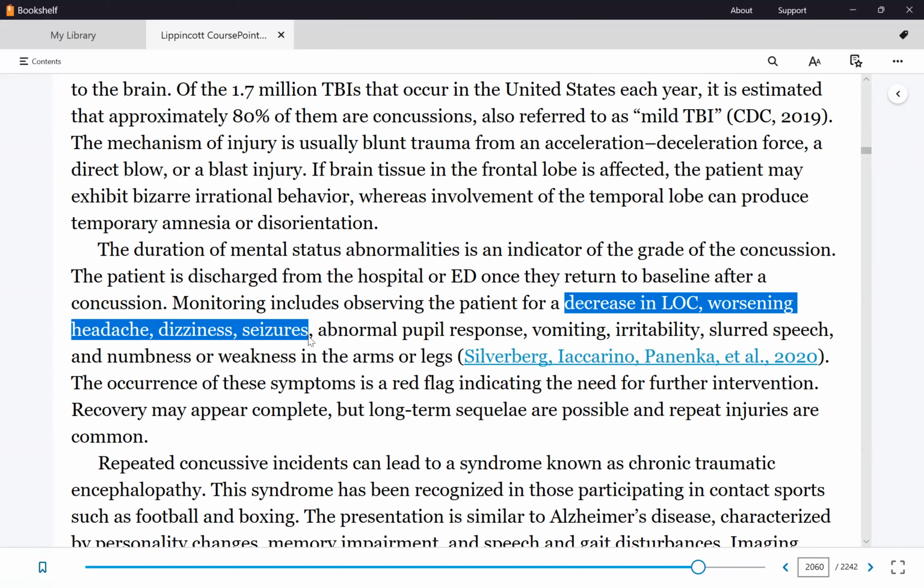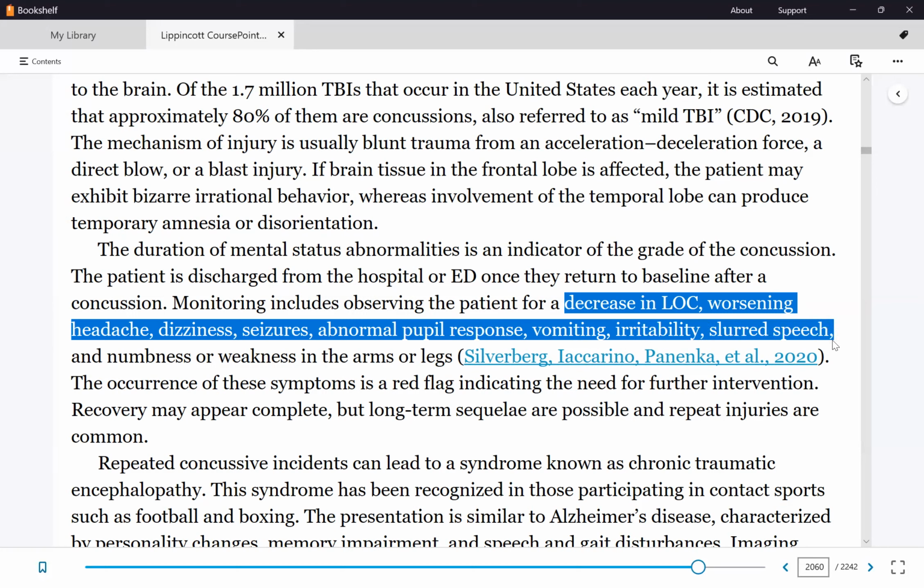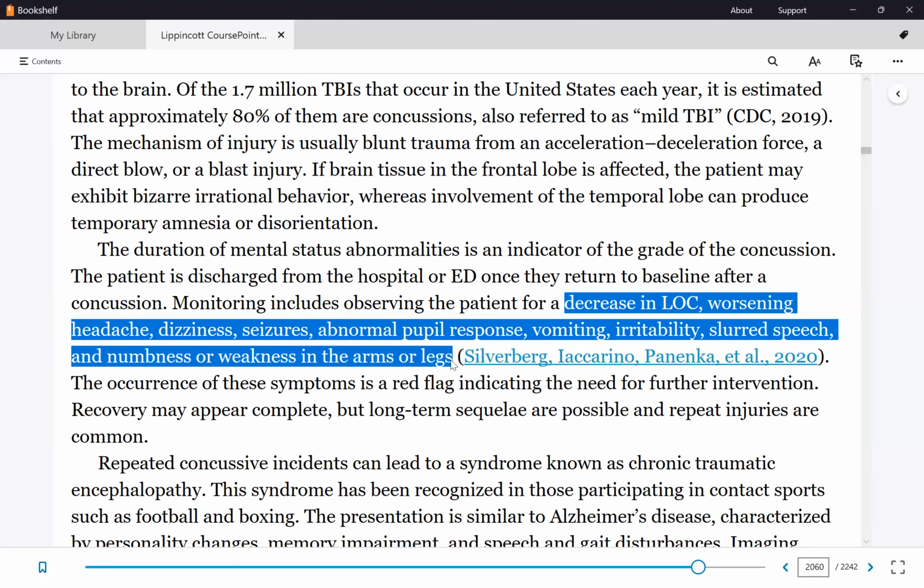Seizure again is a manifestation of increased ICP, so there is now increased pressure and the patient will go into a seizure. Abnormal pupillary response, vomiting now, irritability, slurred speech, numbness or weakness of the arms. Because what are these symptoms now? Possibly a stroke.